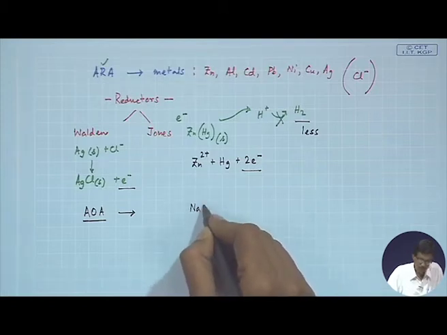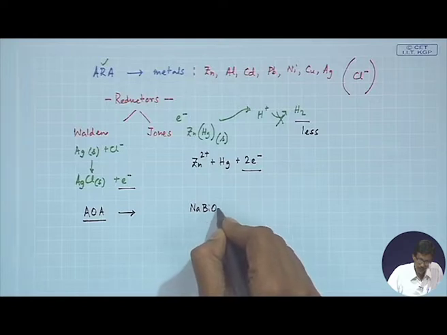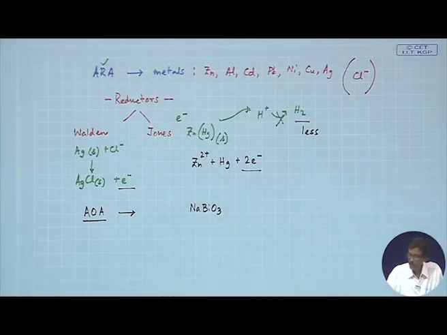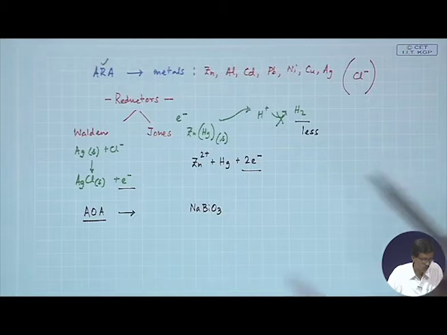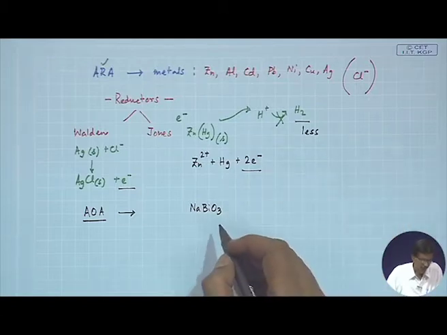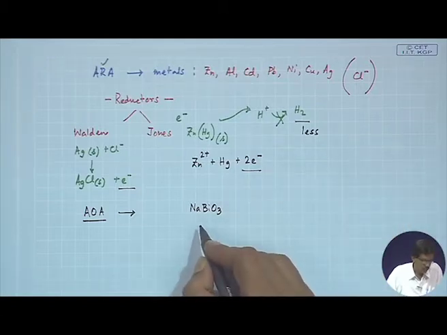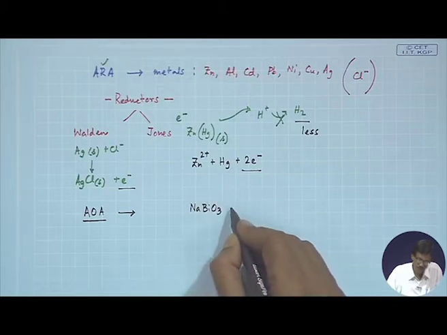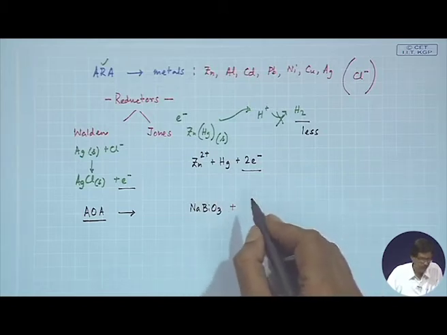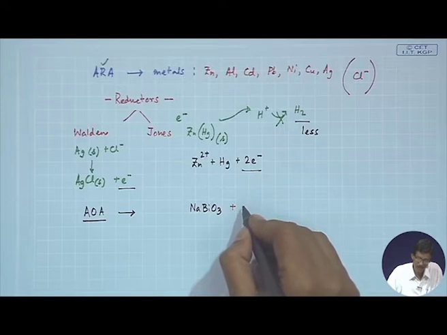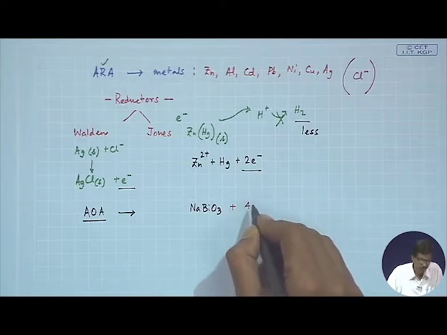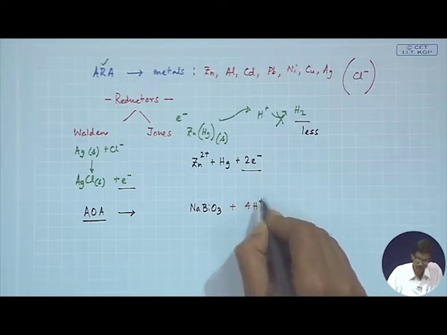We all know that one such is NaBiO3, sodium bismuthate, and this sodium bismuthate is useful for the oxidation of some metal ion from a lower to a higher oxidation state, and it basically undergoes reduction.